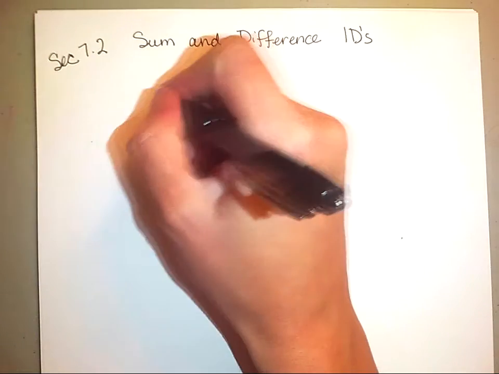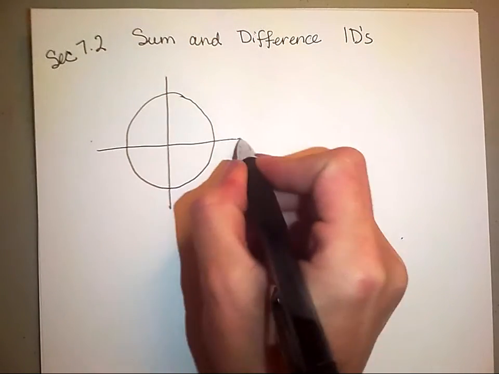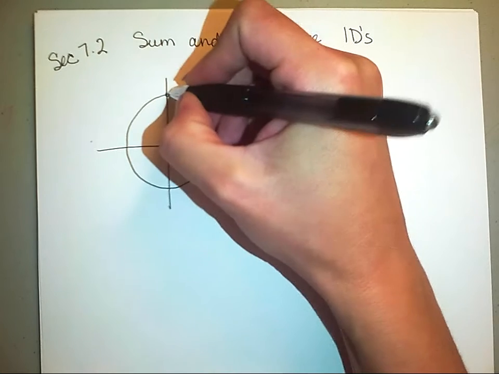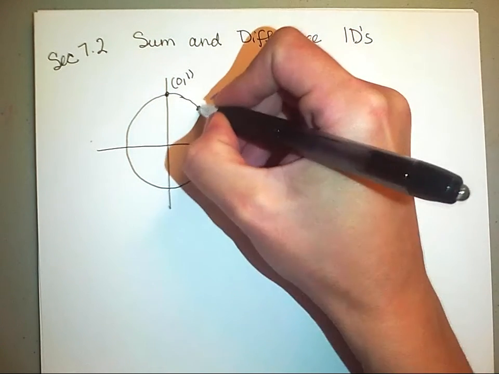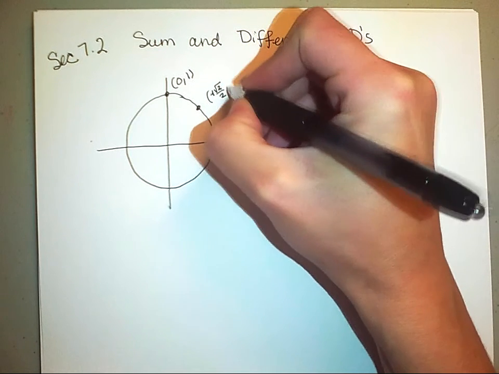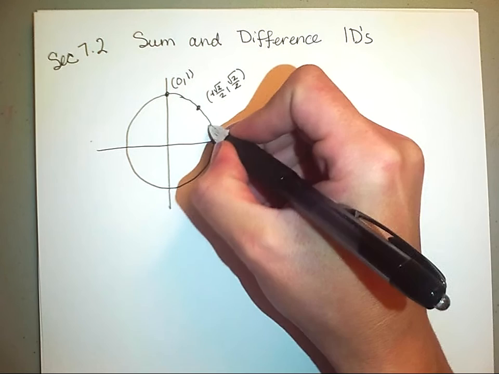So just as some motivation, let me give you what we have already on the unit circle. We know that this is the point 0, 1, and this is the point 1, 0, and this is the point 0, 1. We have a few angles in here that we know, positive square roots of 2 over 2. That gives us the 45.